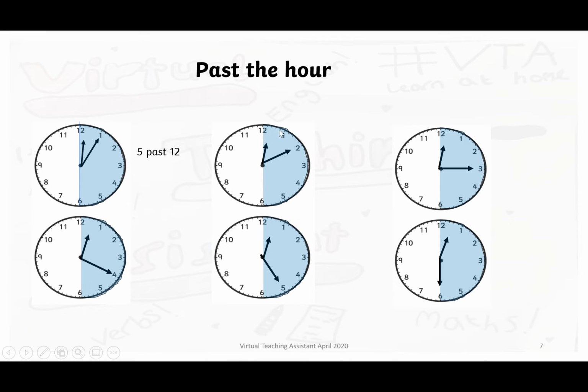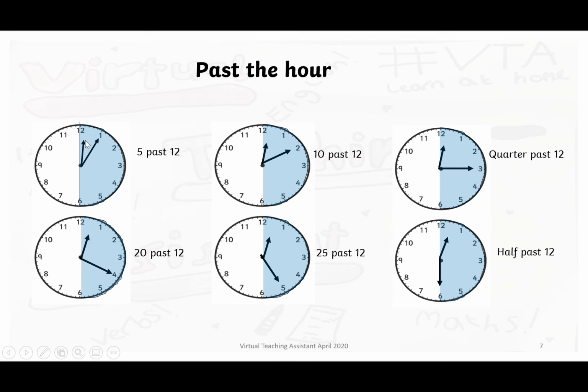And what about this one? 5, 10. 10 past 12. 5, 10, 15. Quarter past 12. 5, 10, 15, 20. 20 past 12. 5, 10, 15, 20, 25. 25 past 12. And 5, 10, 15, 20, 25, 30. But we say half past 12, don't we?